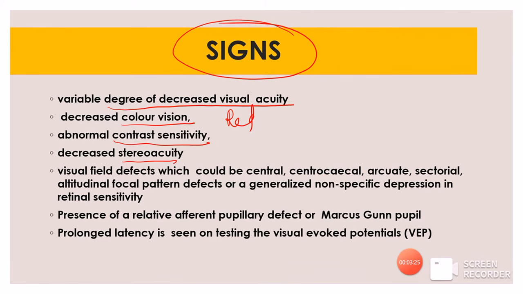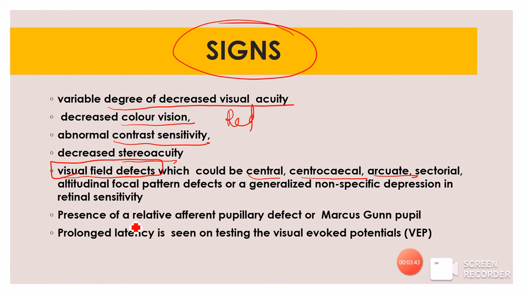Then visual field defects might be present, and there are varied types of visual field defects that you can see in optic neuritis. You can see central, centrocecal, arcuate, sectoral, altitudinal, or a generalized non-specific depression also.